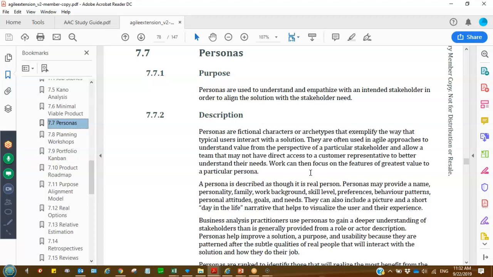So by building these specific personas, they could say, okay, yeah, we want to focus on, because we think we've done our marketing, and we've determined that 60% of our market is going to be those people with large amounts of disposable income.